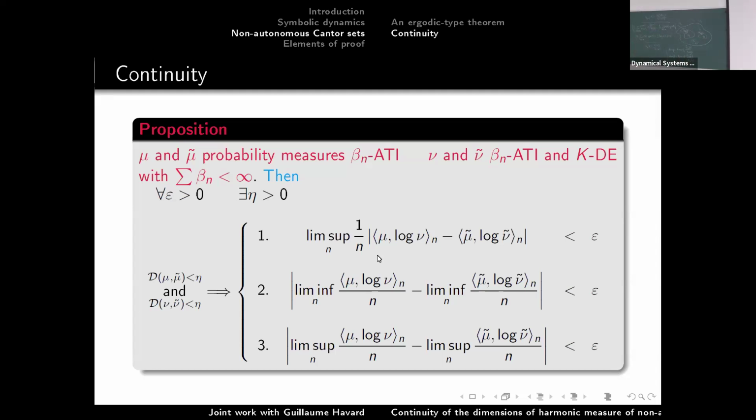Then you have that the two sequences here that give you the entropy, this and this one, are close, epsilon close. Okay? And if you place uniform diameter, it means that the sequences of the c_n are close. So the ratios are close. So these dimensions are close. Okay.